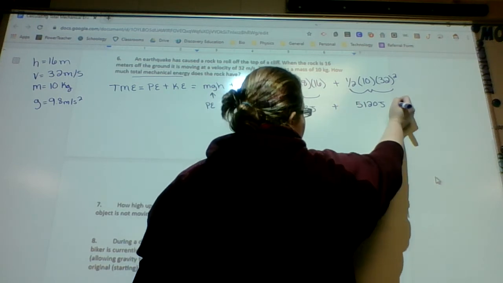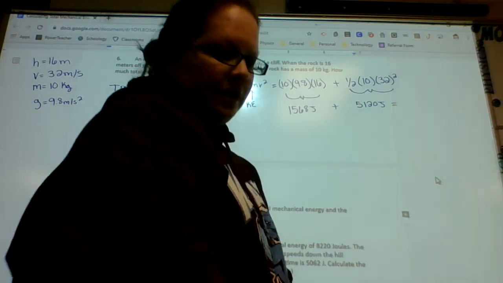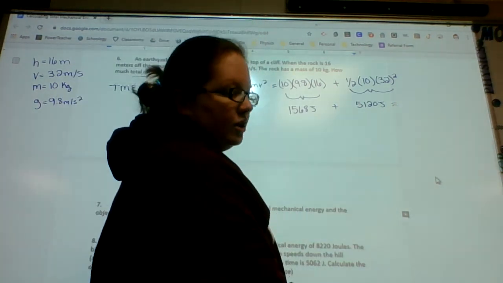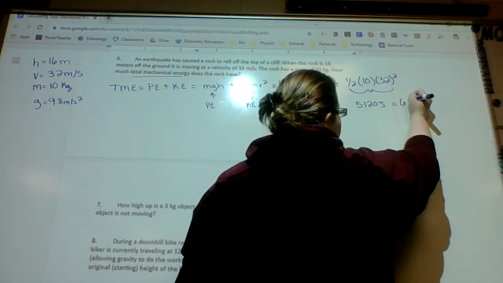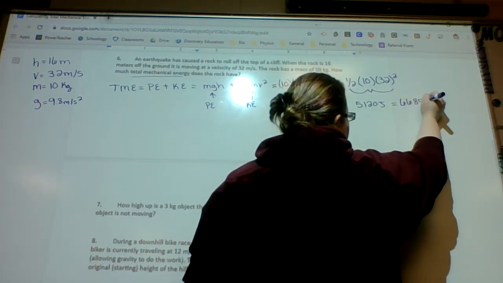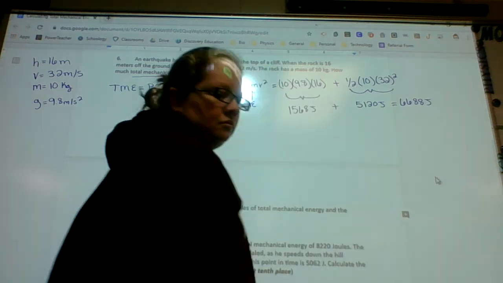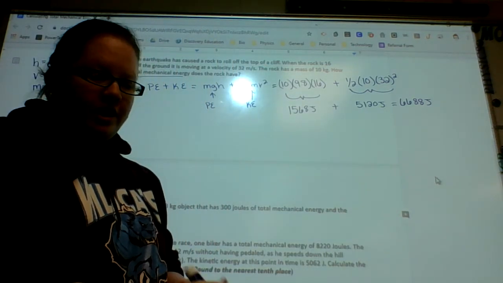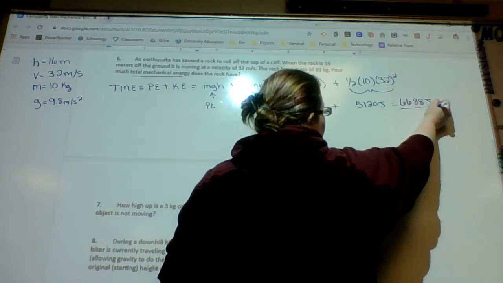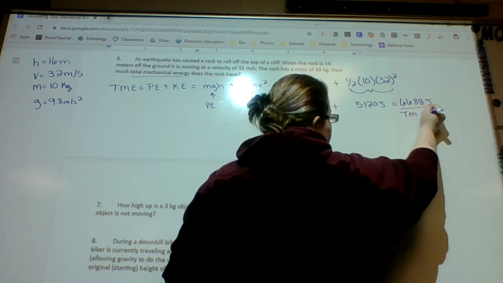And then we add those two values together, and we get 6,688 joules. And that is our answer. That is our total mechanical energy.